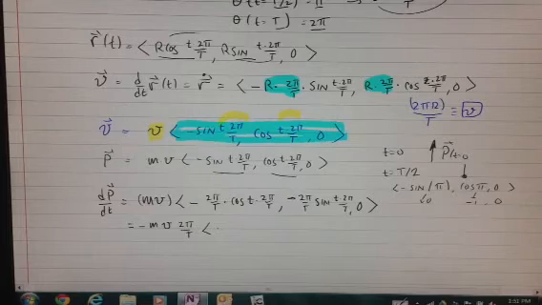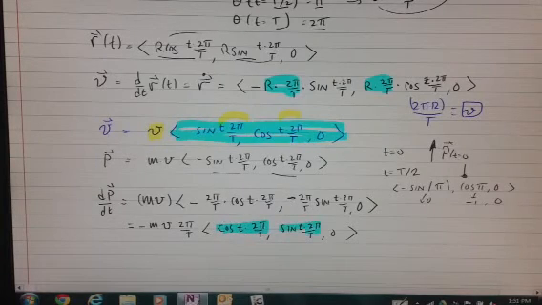With the minus signs taken care of, we have the cosine of t times 2 pi divided by the period, the sine of t times 2 pi divided by the period, and 0. I think you'll see this unit vector is the same unit vector that's sitting in the position of the object.